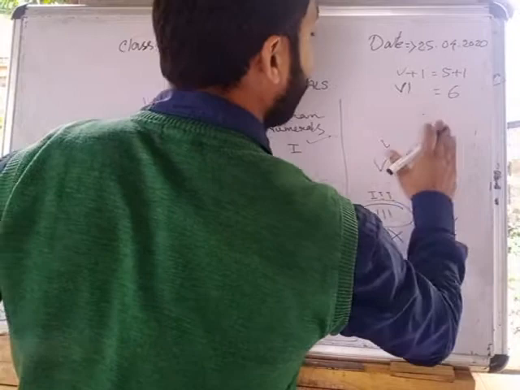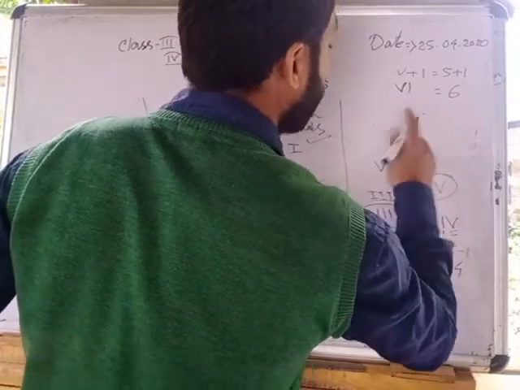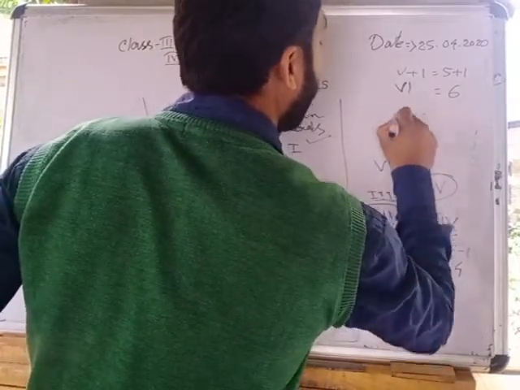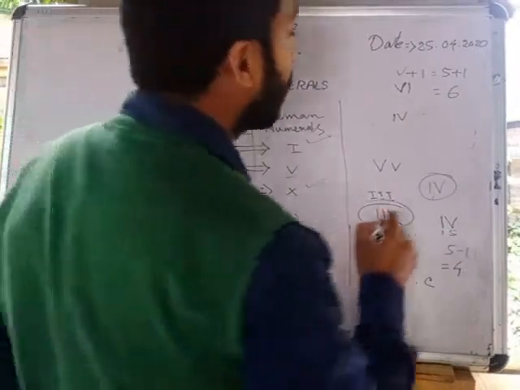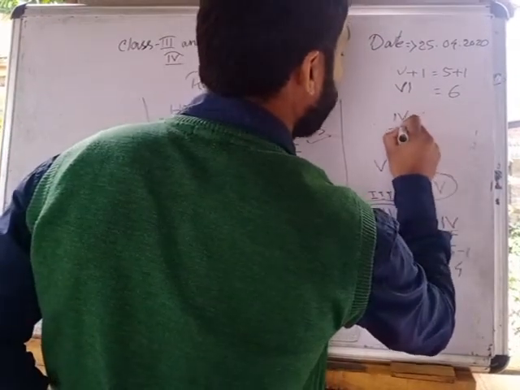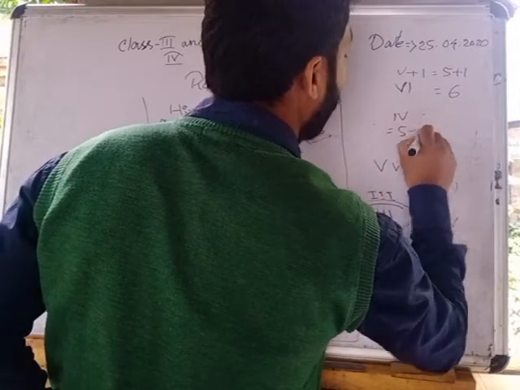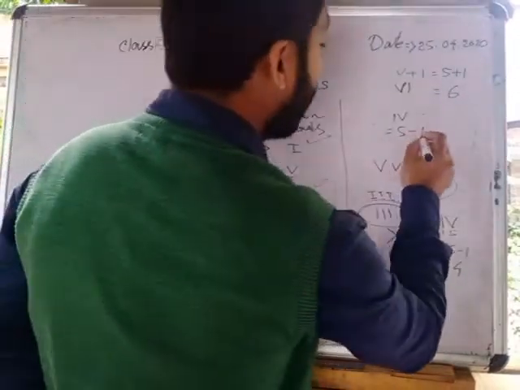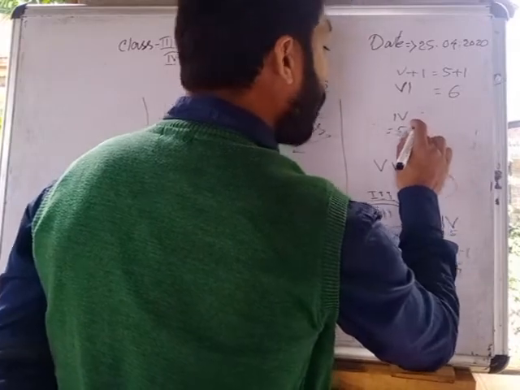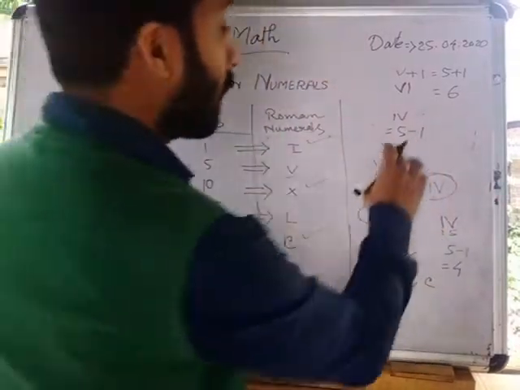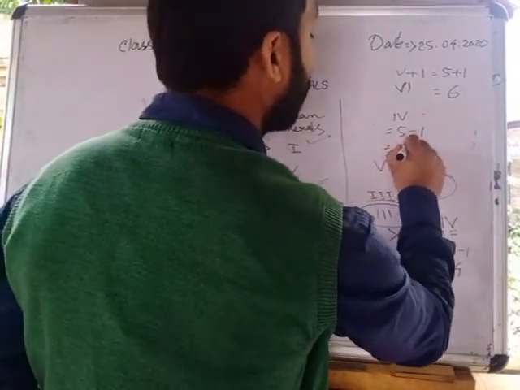If we write the smaller number before the greater number, that is subtract. That means 5 minus 1: we subtract the smaller number from the bigger number. 5 minus 1 is 4.